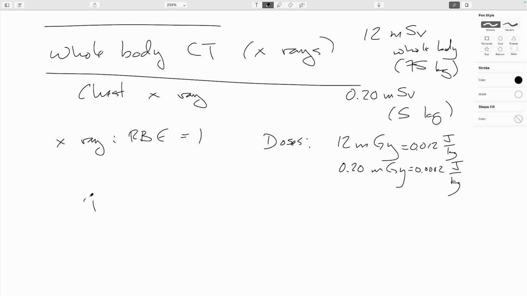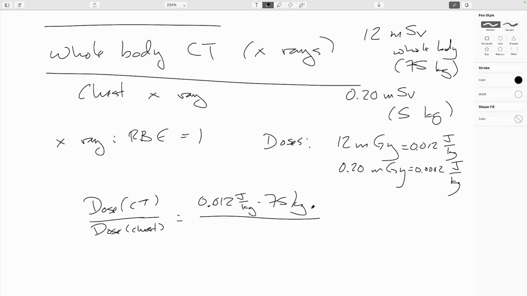So when we take our dose, this will be 0.012 joules per kilogram times 75 kilograms, because that's delivered to the whole body, versus the chest X-ray, 0.0002 joules per kilogram times 5 kilograms of tissue affected.